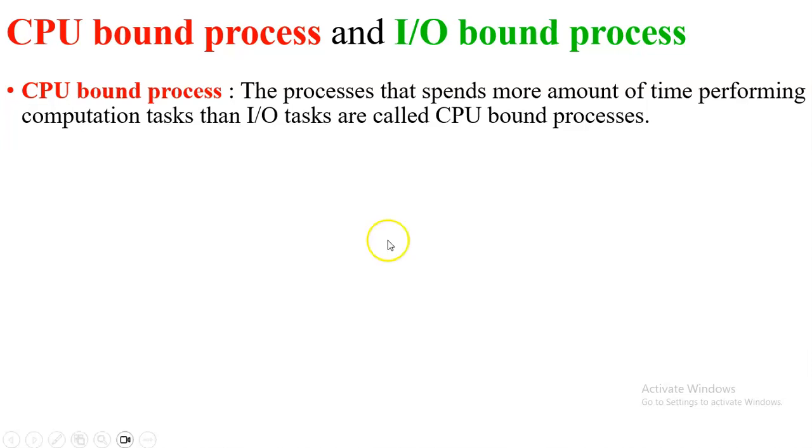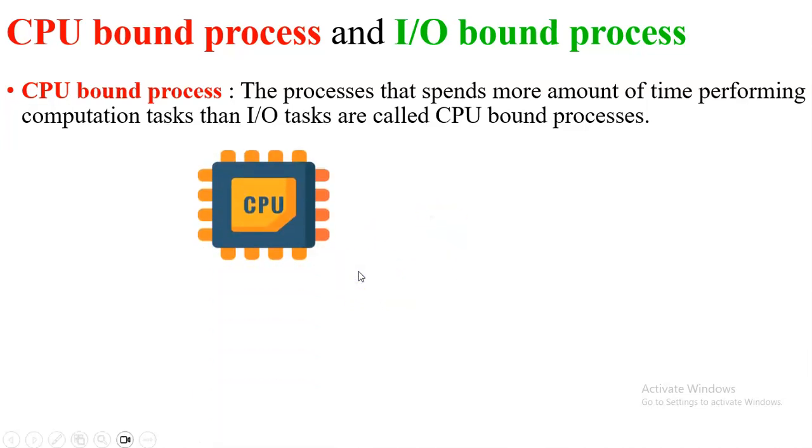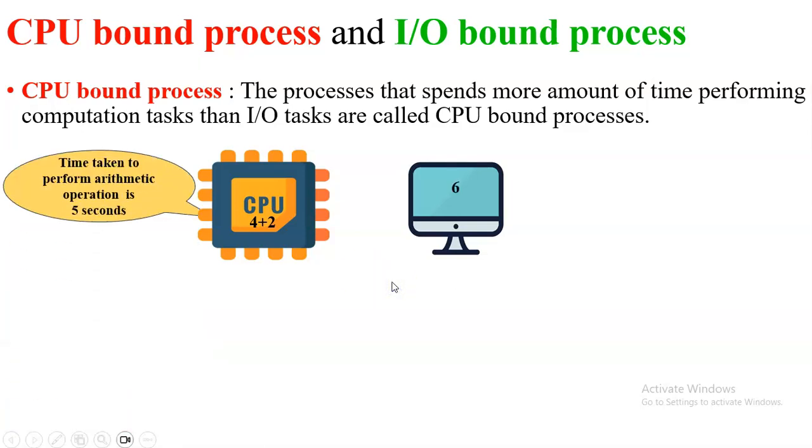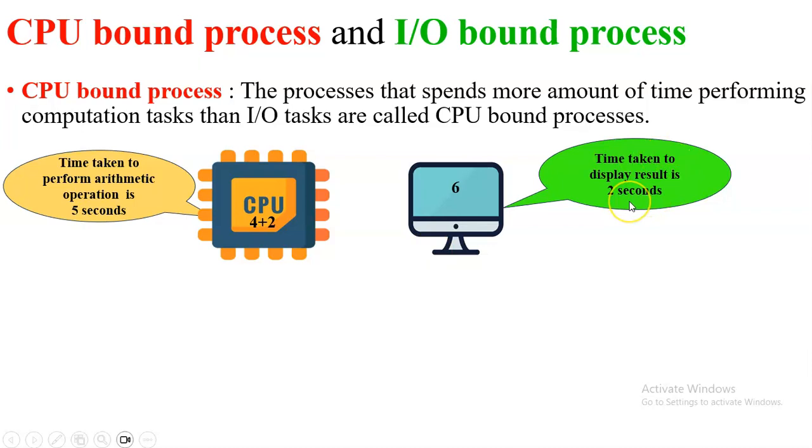I'll just explain this with the help of an example, wherein this is a CPU. CPU is performing some arithmetic operation, let's say here 4 plus 2. This is the computation task that is performed. And to display this particular computation on the monitor, the answer is 6. Now this particular arithmetic task requires 5 seconds to complete, and to display the result it requires 2 seconds.